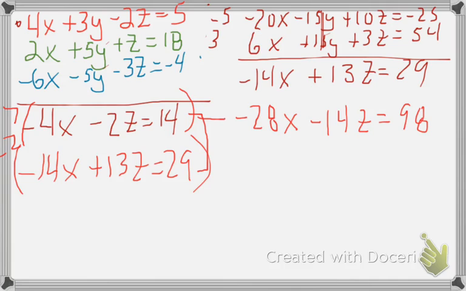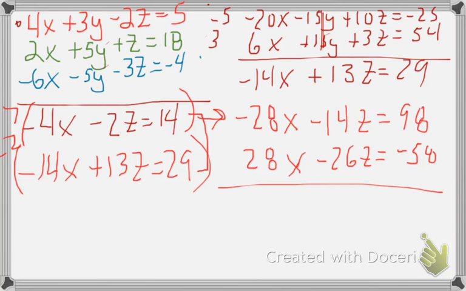So that's this equation heading this way. For the second equation, I'm going to get 28x when I multiply by a negative 2, and this will be minus 26z. This is going to equal negative 58. So now we've created these new equations that we can again add together.